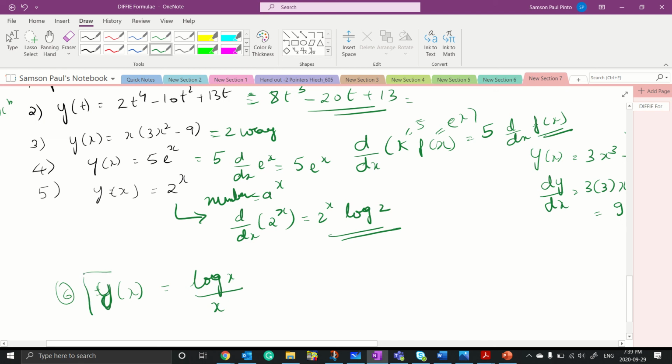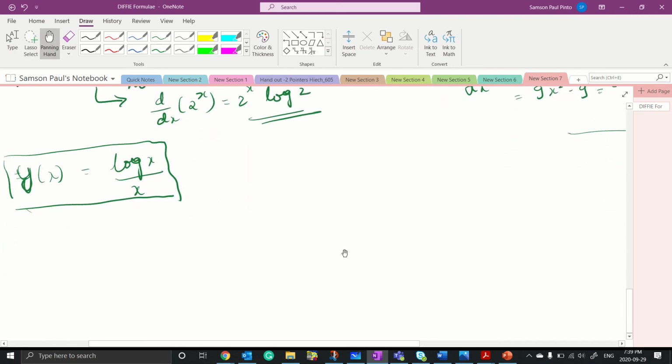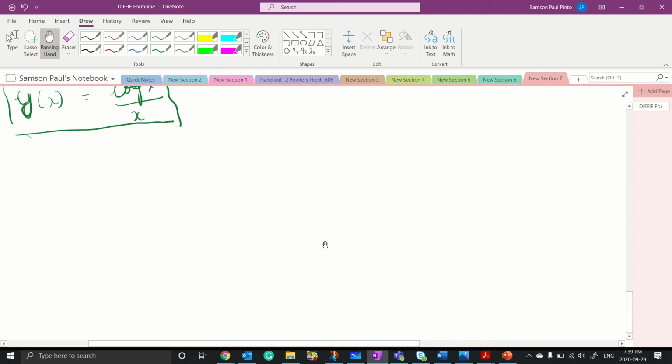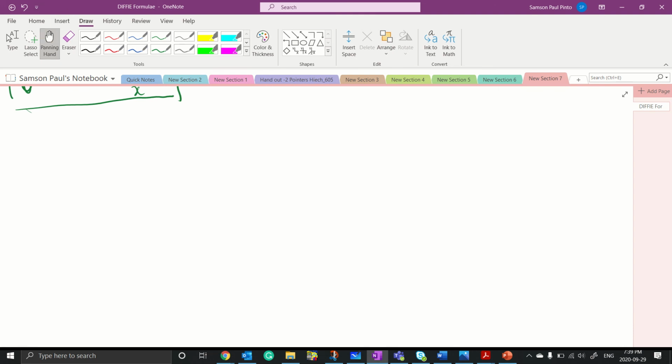I'm going to pan into some fresh space here so that I can show you both the methods. When I pan, I'm going to use a different color pen. Let us go with y is equal to log x divided by x.